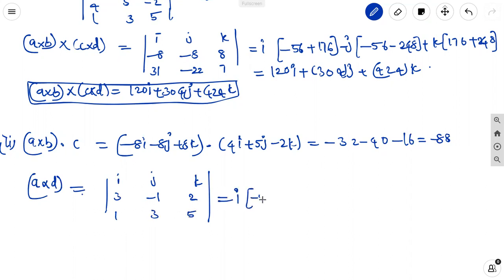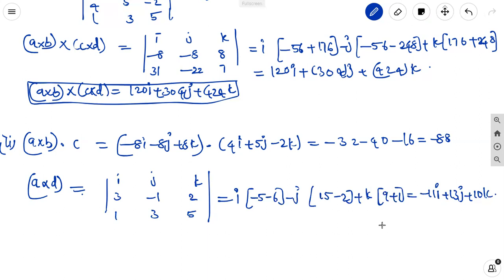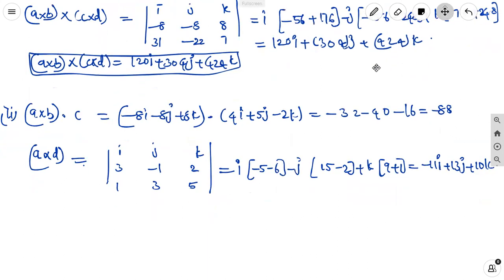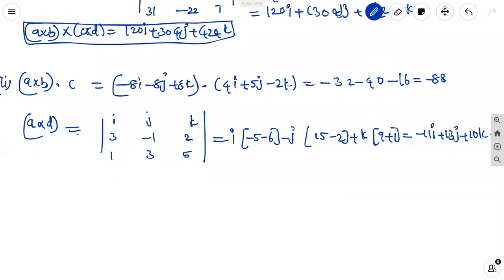Equal to i into minus 5 minus 6, minus j into 15 minus 2, plus k into 9 plus 1, equal to minus 11i minus 13j plus 10k.